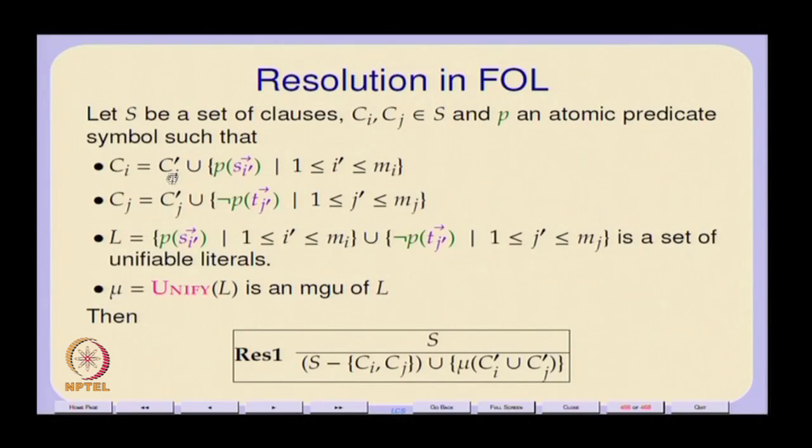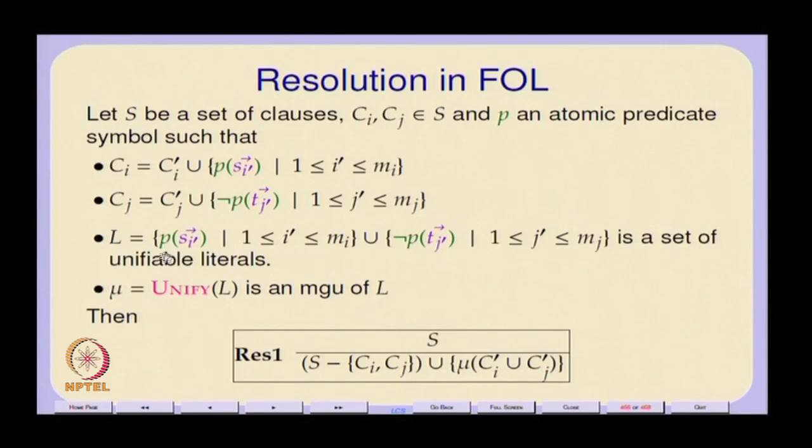So which means that in Ci prime there could be various occurrences of p hanging around still there. There could be occurrences of not p also hanging around there. And similarly in Cj prime there could be occurrences of p with various other terms and various occurrences of not p also with various terms. It does not matter. All we are saying is, we are not even saying you should take only one, you take some subset which is unifiable.